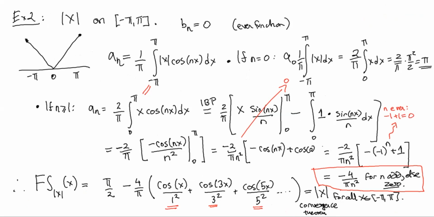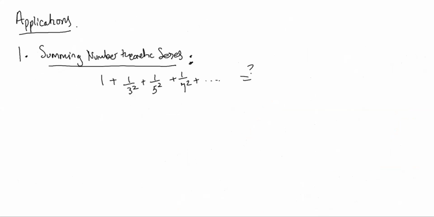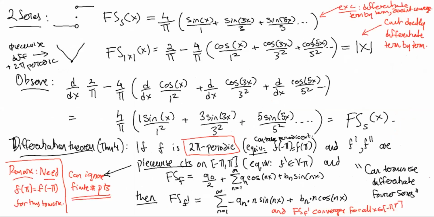What happens if you plug in 0 into this identity? Right? So let's remember what's written here. We know x is equal to pi over 2 minus, forget the constant here, 4 over pi, yeah.